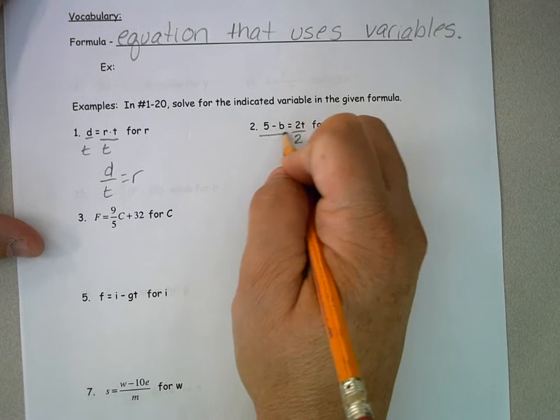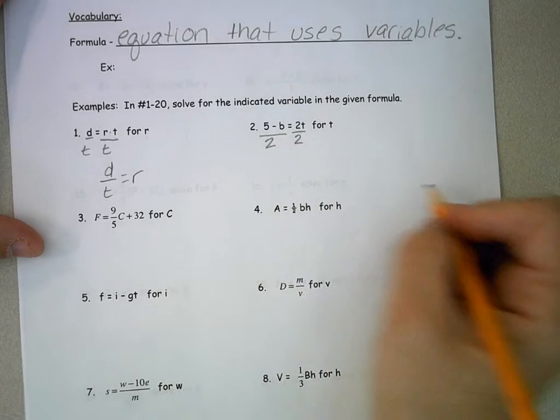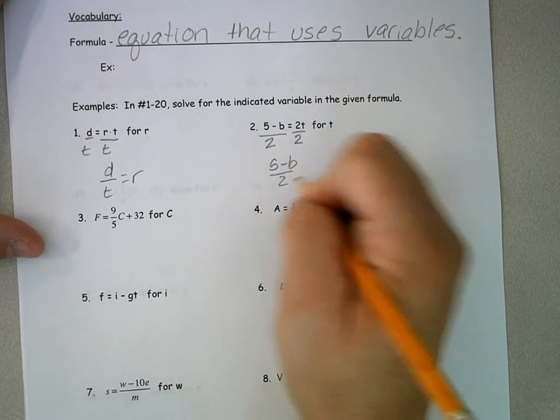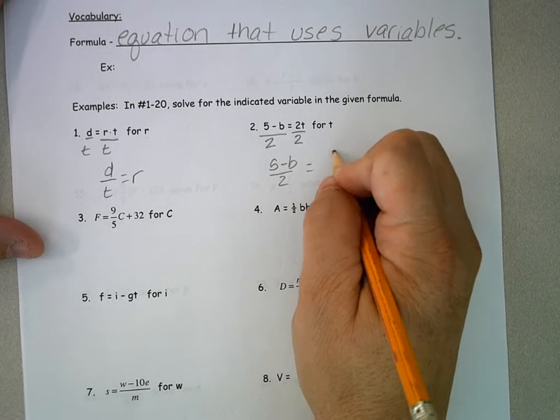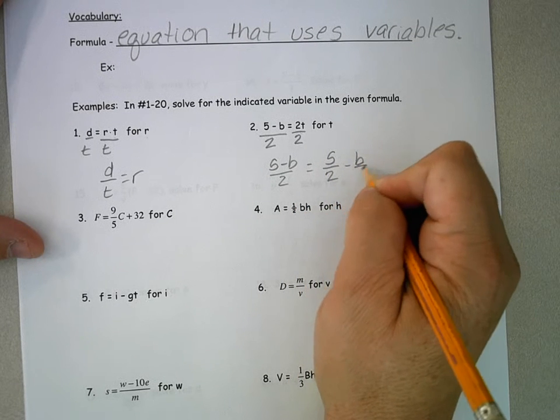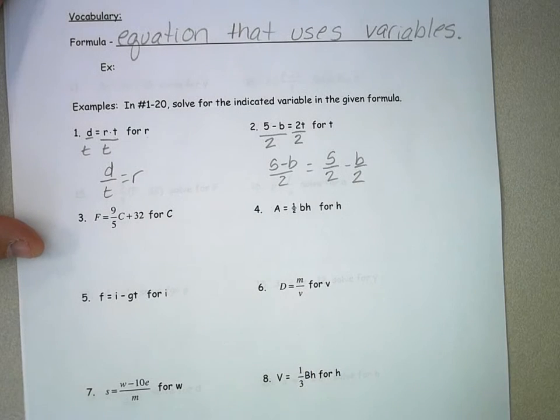So we will divide both sides by 2, and you can write that two ways: 5 minus B over 2, or that is the same as 5 over 2 minus B over 2.